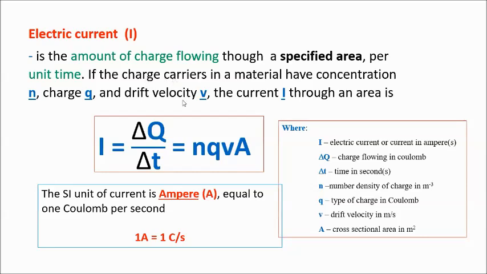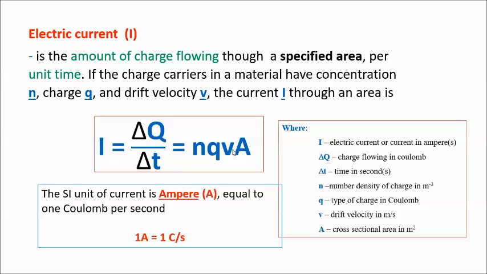If the charge carriers in a material have concentration n, charge q, and drift velocity v, the current I through an area is given by the formula. Again, the letter symbol for electric current is I, Q for charge, T for time, n is the concentration, q the charge of each carrier, v the drift velocity.